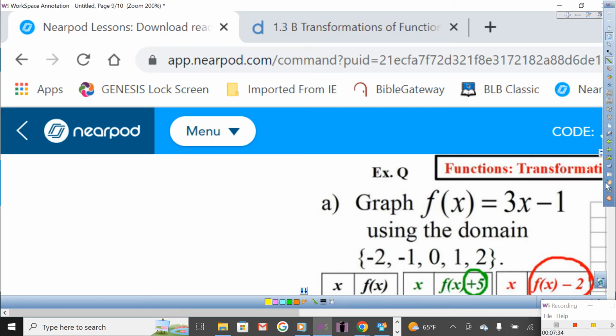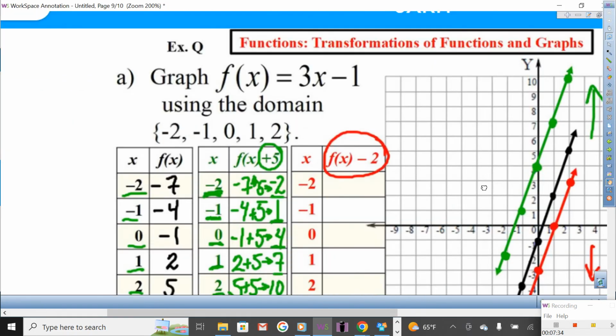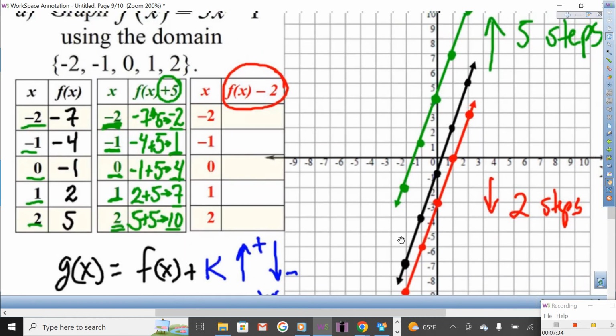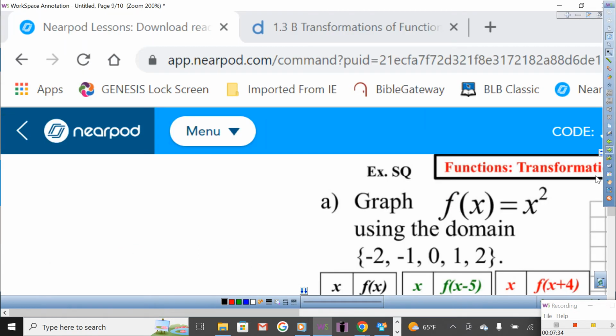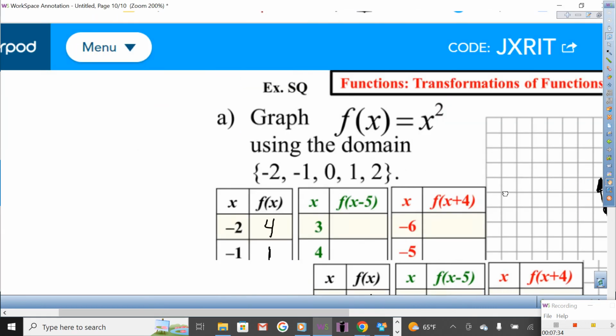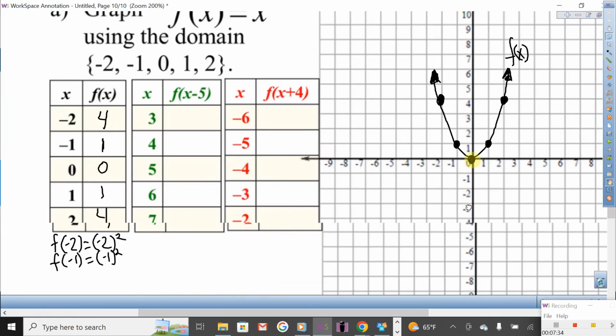Last week, look at this one. What do you notice here? We have f of x in parentheses and then plus 5 outside of the parentheses. You see the difference? So that means today is going to be a little bit different from what we did last week.